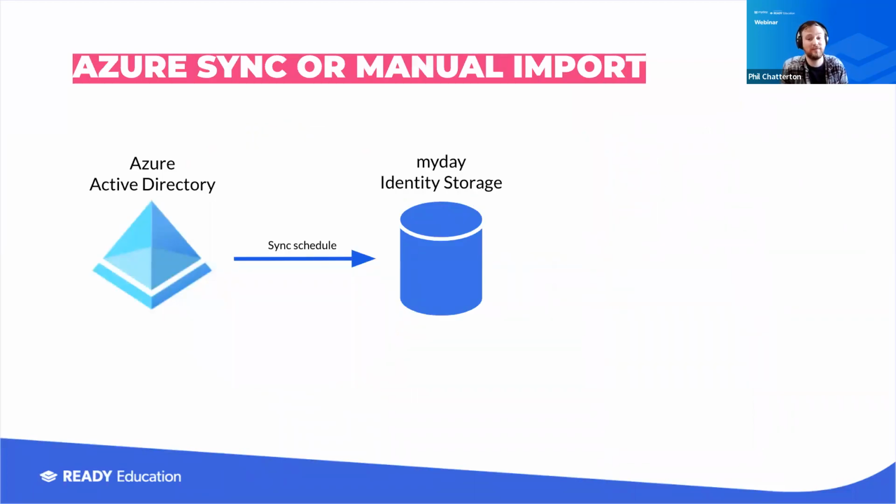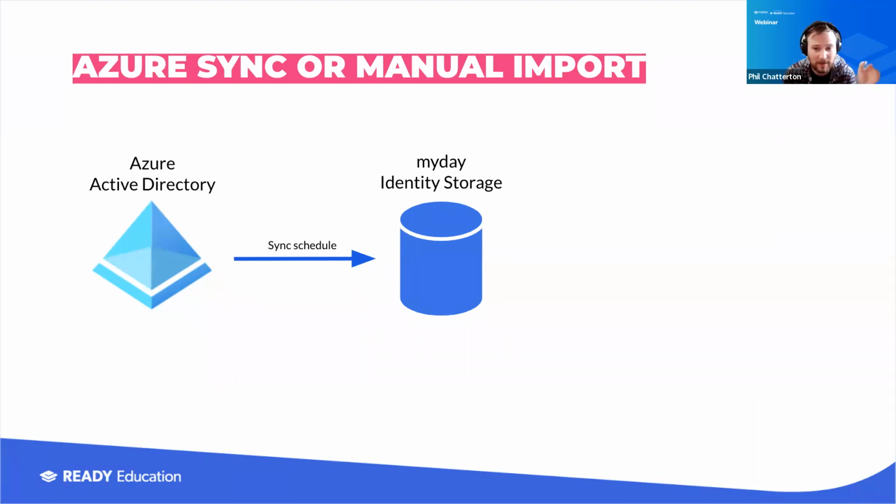The preferred mechanism for getting these identity objects into myday is using Azure AD. Most of us will know what that is. We've got online documentation which will guide your network administrators and infrastructure managers through configuring the connection to myday and applying filters that make sure that it's the most efficient and effective list of users and groups that are synchronized with myday.